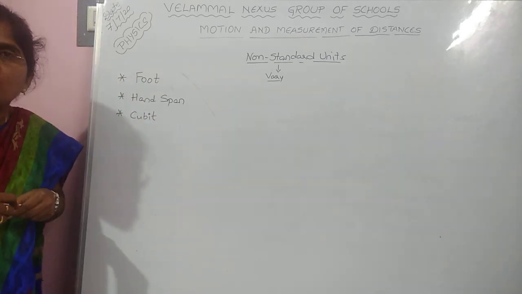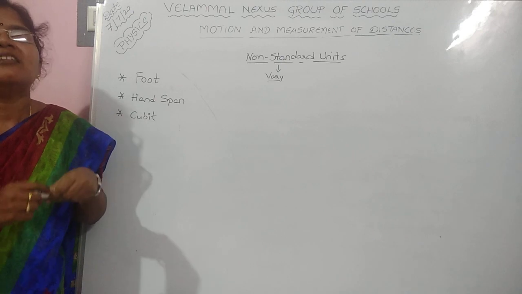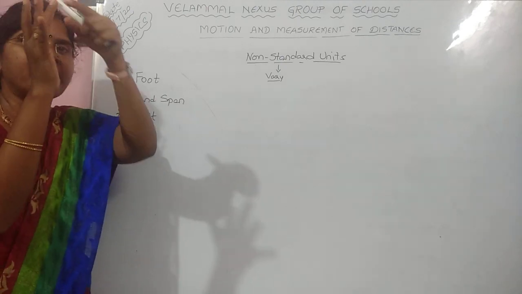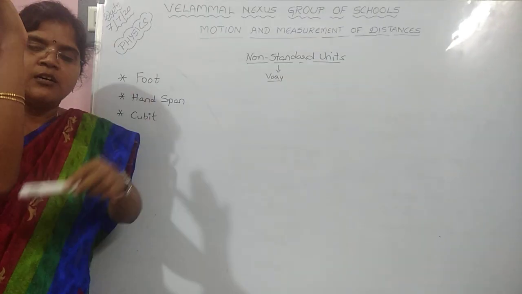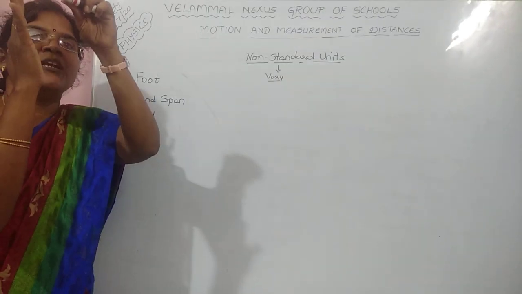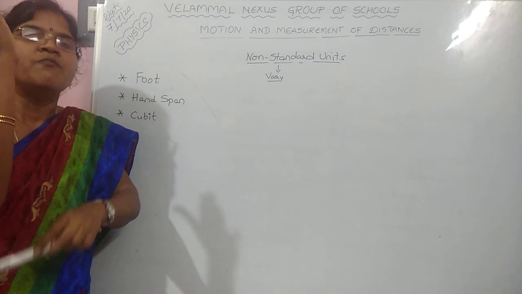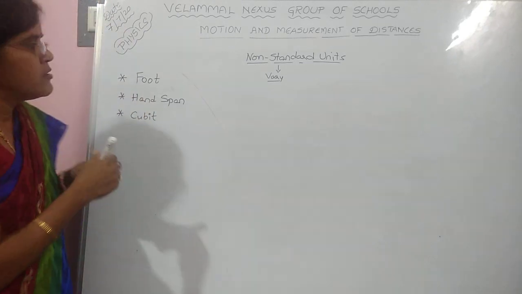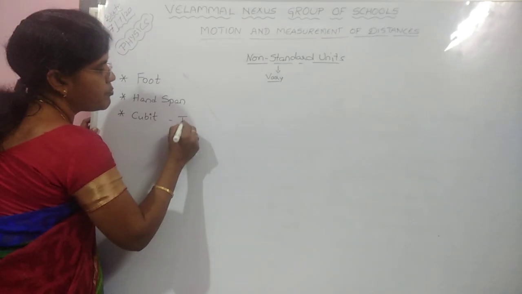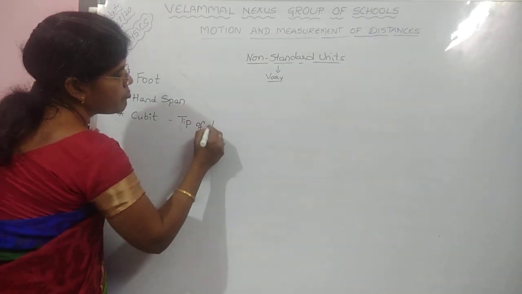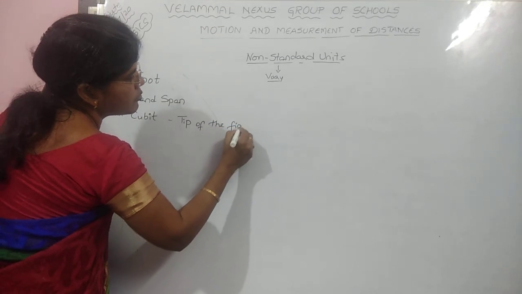Do you have an idea what cubit is? It is nothing but the distance from the tip of the middle finger to the elbow. We call it a cubit, children. So cubit is the tip of the finger to the elbow.